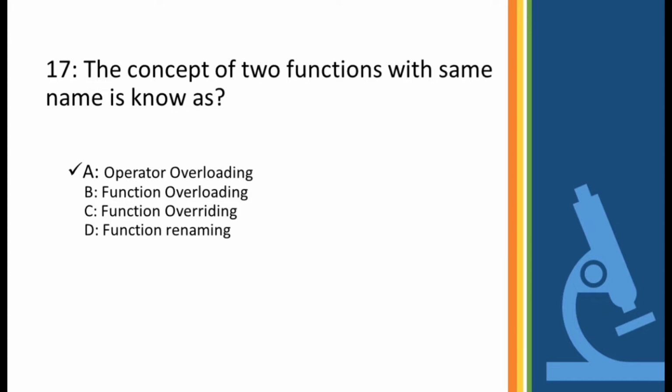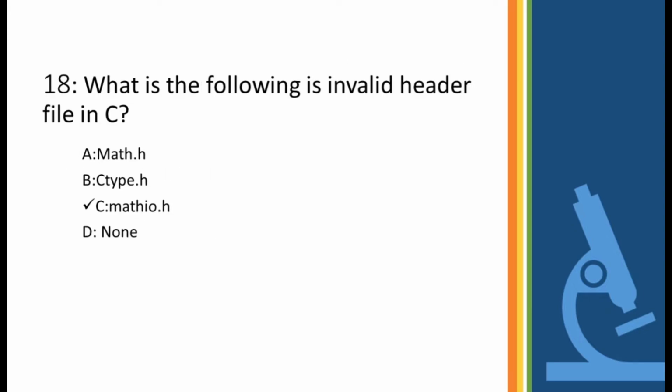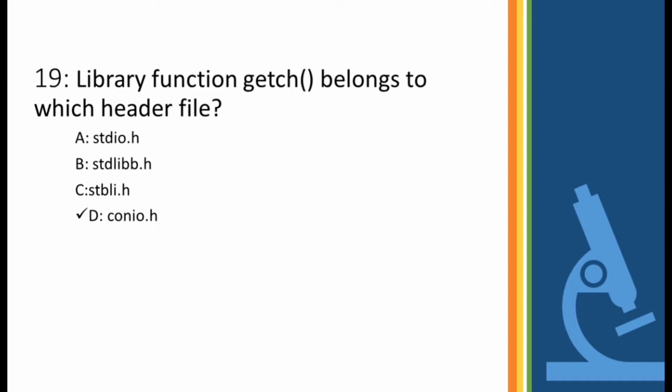The concept of two functions with the same name is known as... The correct answer is A, operator overloading. Which of the following is an invalid header file in C? The correct answer is C. Library function gets belongs to which header file?